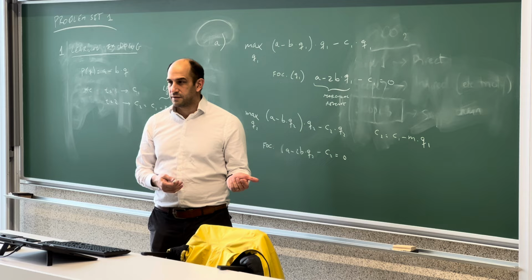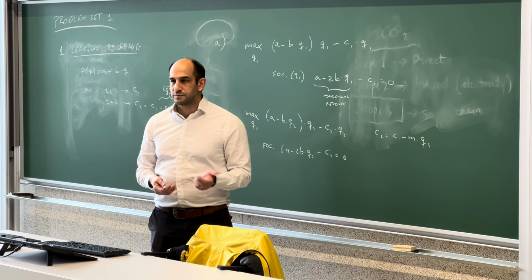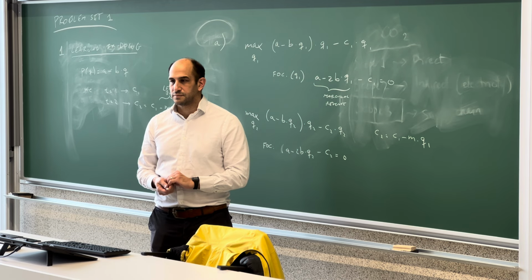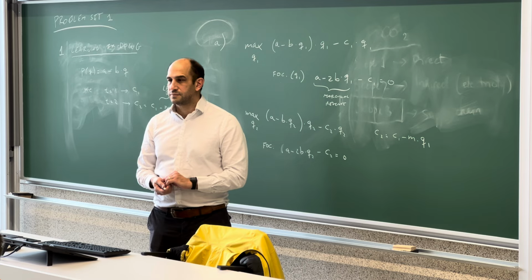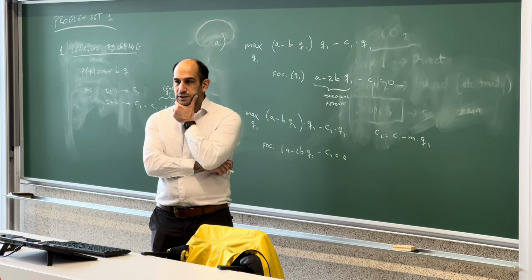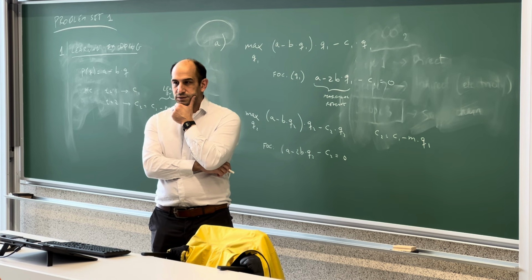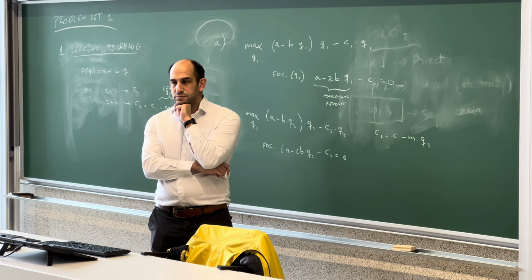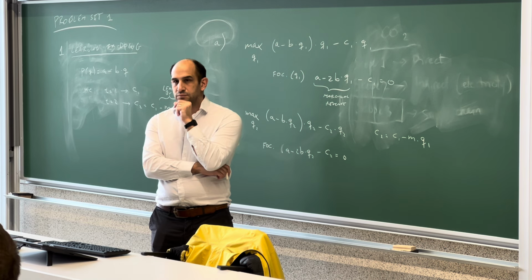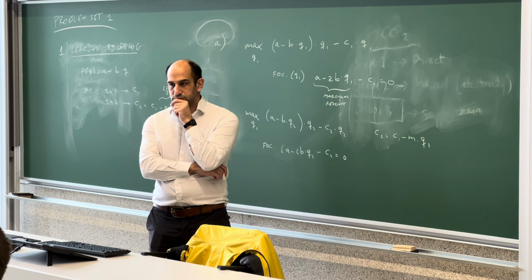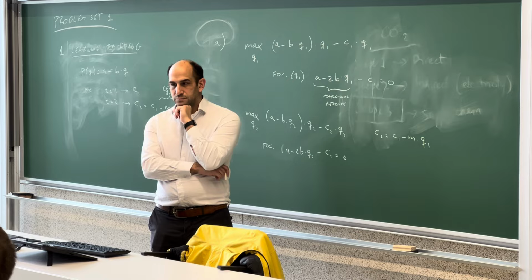This is what you guys did. I thought because it was a two-period model, we would do backward deduction. You probably will arrive at the same result, but first maximize period 2, and then you get the profits dependent on Q1 for period 2.